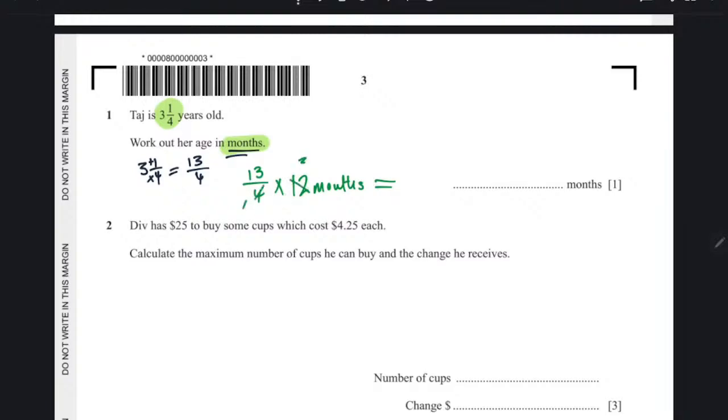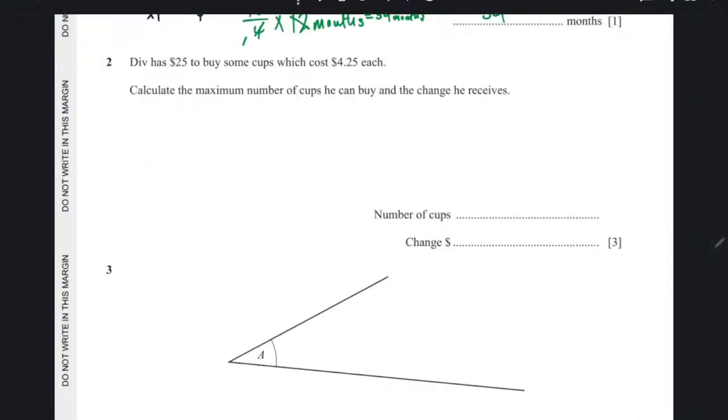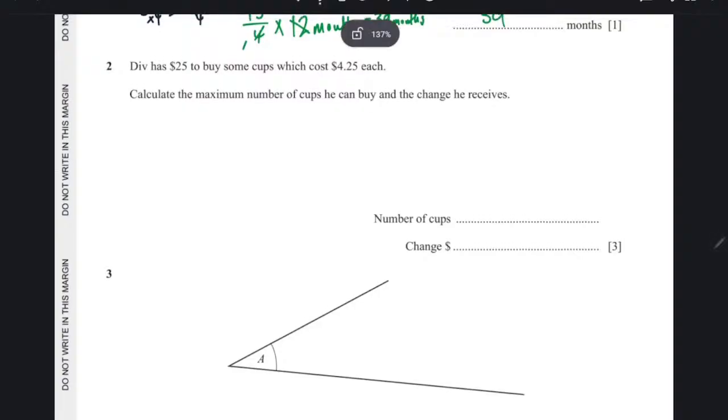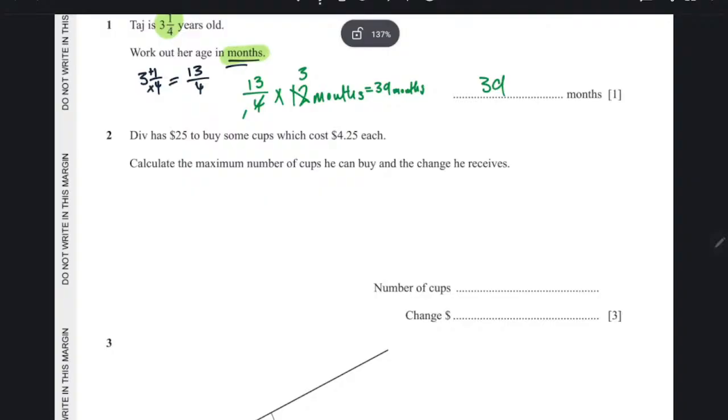Into 12, 3. 3 times 3, that's 39 months. You see? So you say here 39 months. Okay, here, did you see how you convert?